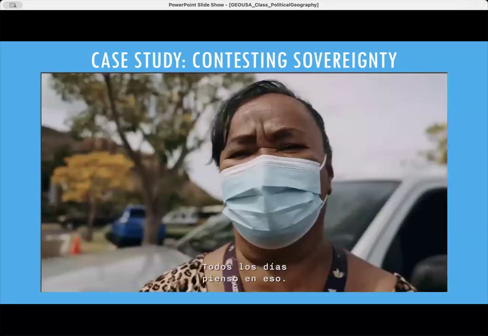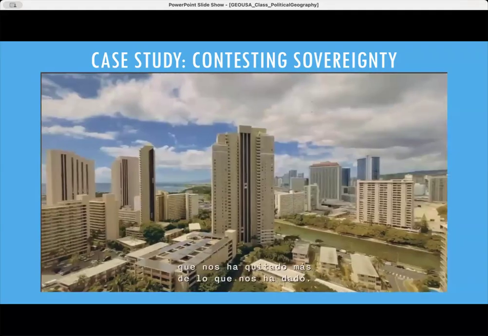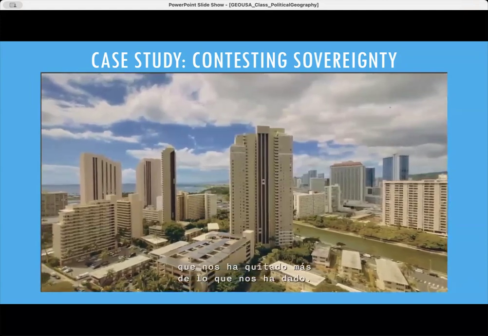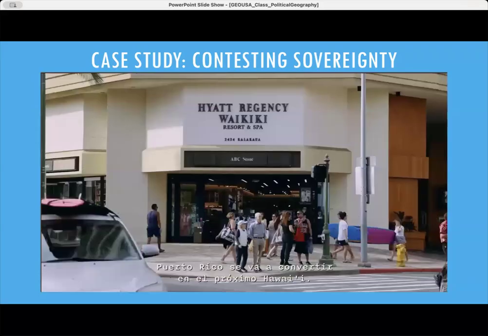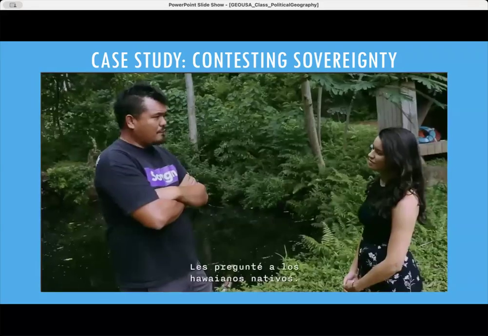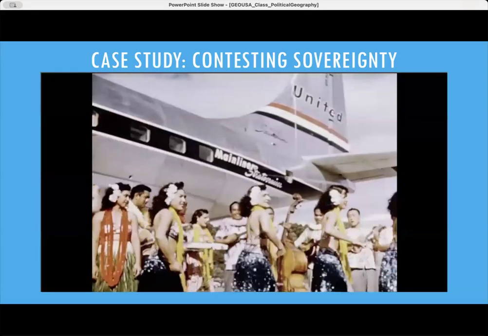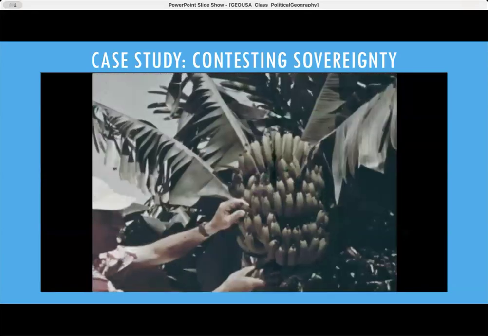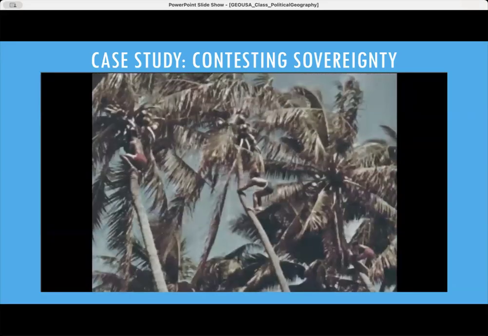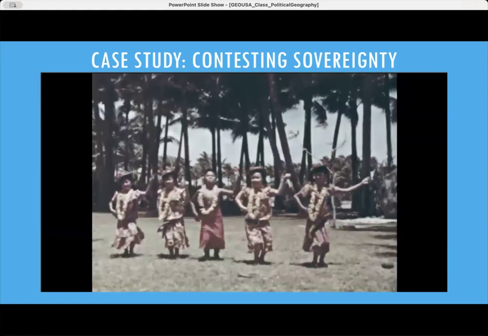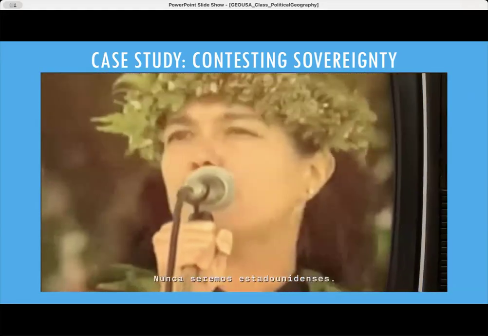Every day, I think about that. We realize that America isn't all it's cracked up to be, that they've taken more than they've given to us. I came here because I often hear people say Puerto Rico is on its way to becoming the next Hawaii. Is that a good thing? I asked native Hawaiians. Welcome to Hawaii. Hawaii is very much a part of America. We are not American. We will die as Hawaiians. We will never be Americans.